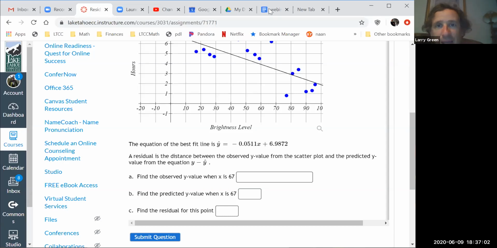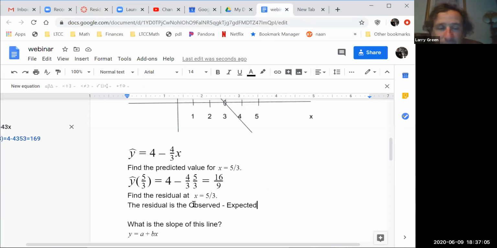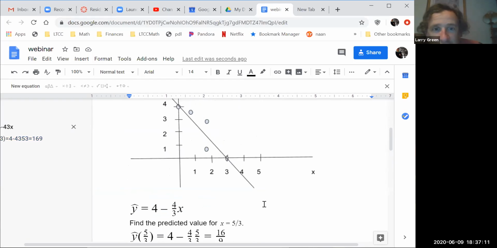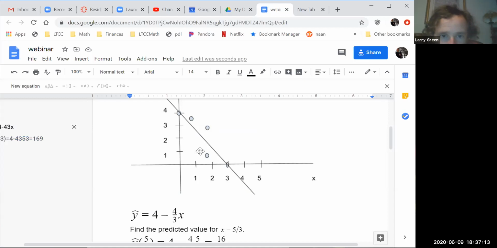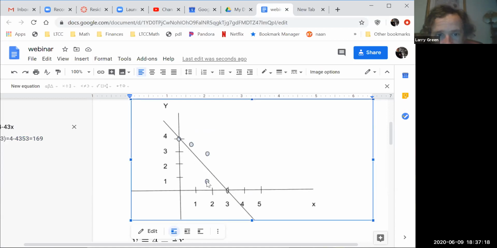So let's go back and play around. Let's go to observed first at 5/3. You know what? I better do the following. This is not going to work the way I've got it written. Let me edit.